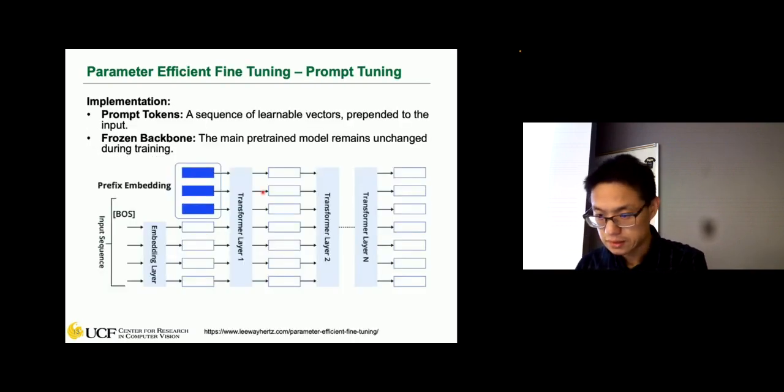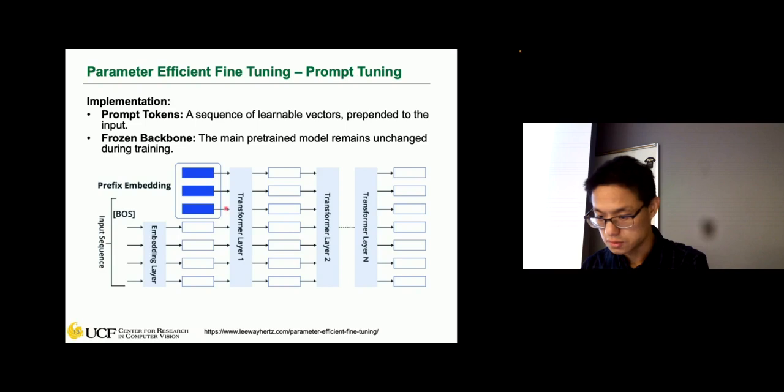The next technique, which is very similar to prefix tuning, is called prompt tuning. The prompt token is appended, or concatenated, in the input dimension.